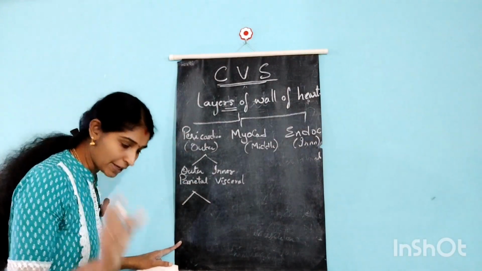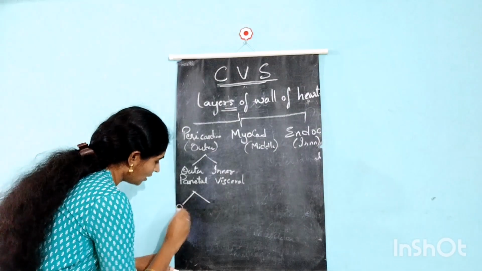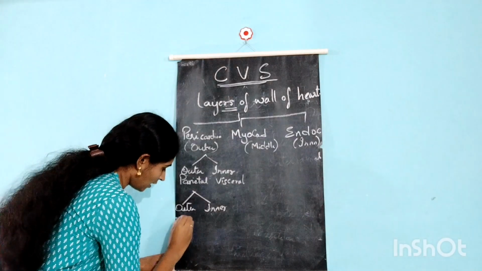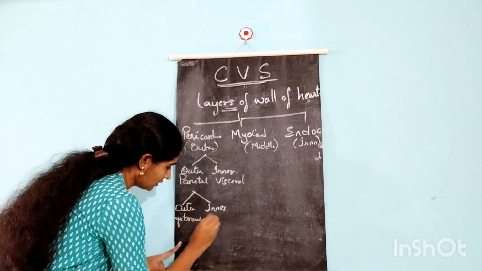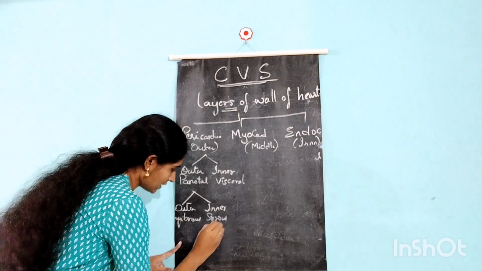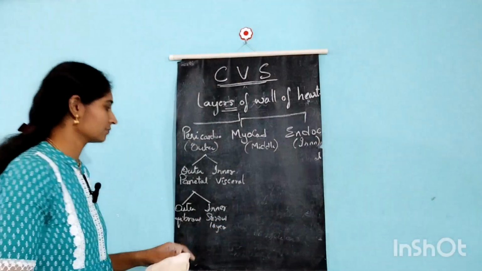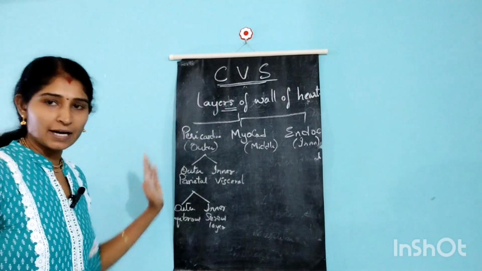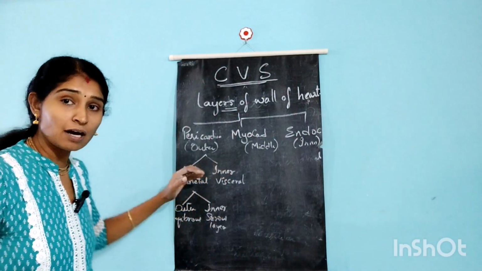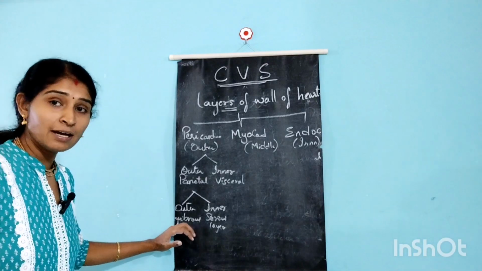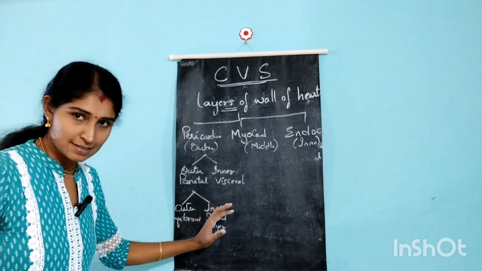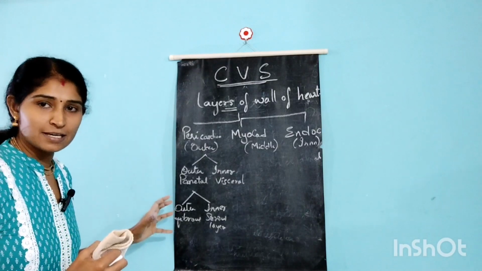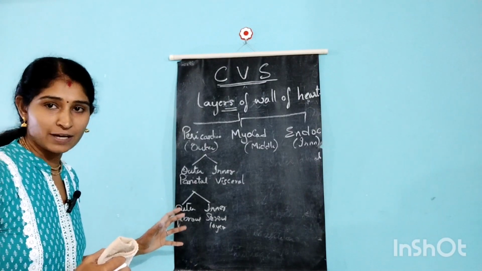Again, coming to outer parietal. See, outer parietal is again divided into outer and inner: outer fibrous layer, inner serous layer. What is the function of this fibrous layer?